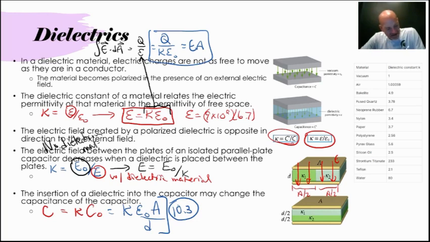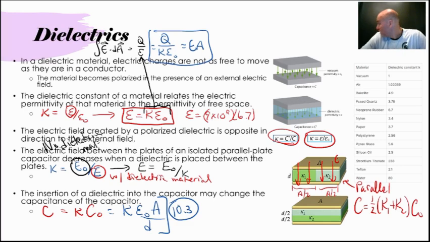So this is the parallel side, right? So the effective capacitance is going to be C equals 1/2 (kappa 1 plus kappa 2) times the original. That 1/2 number comes from the fact that in our picture it splits the area in half. So you have to go back and do a little bit of algebra to figure this out.